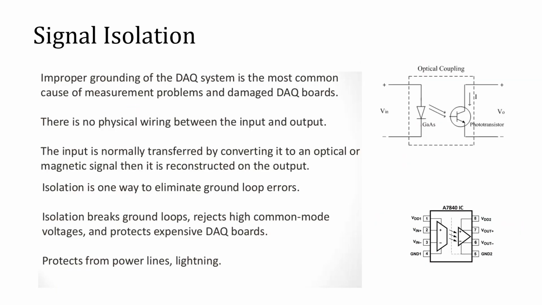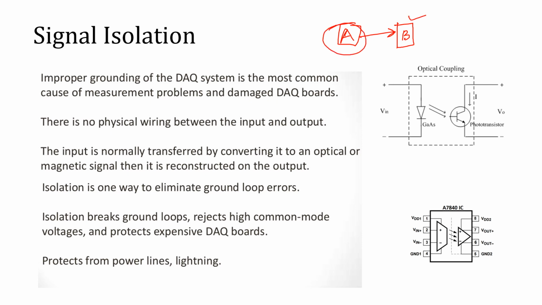Next important thing is signal isolation. Now, what is isolation and why is this important? Isolation means when we have a circuit A and we want to give that information to circuit B, we want to isolate the information available on this side from this side.